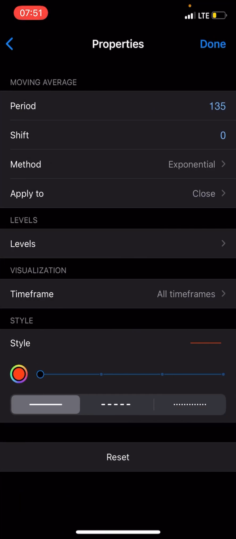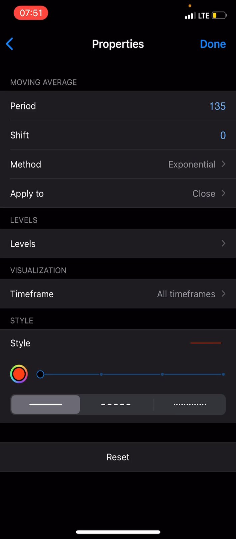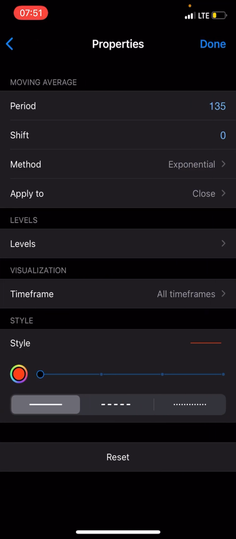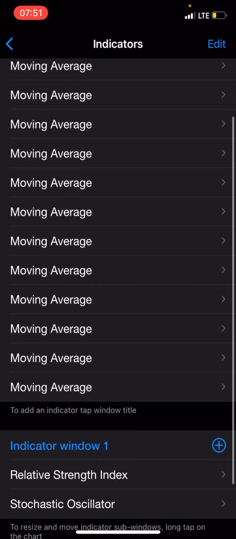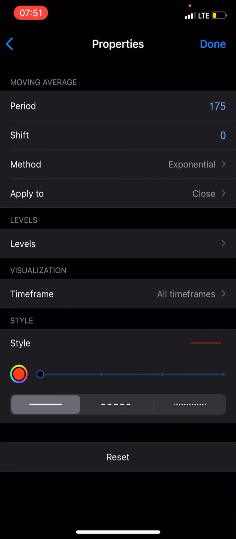Okay, so the 8th is 135, same color, red. You can use any color, just make sure you change it. Once you change the color, that's the color you'll be using. When you're done, you click on done. That was the 8th one. The 9th is 175.